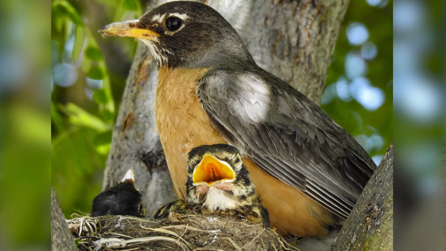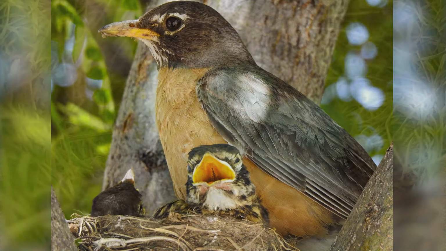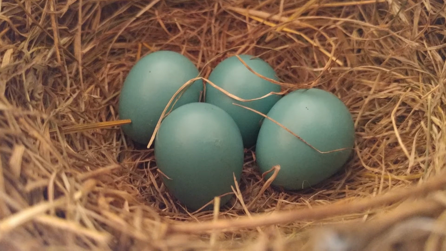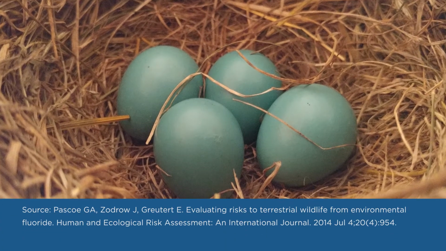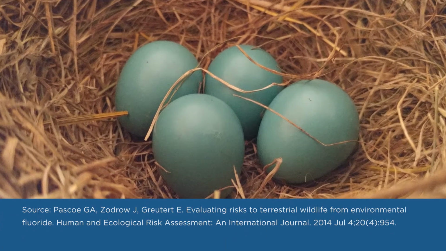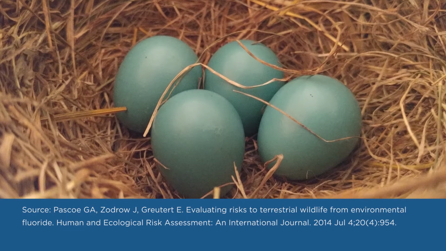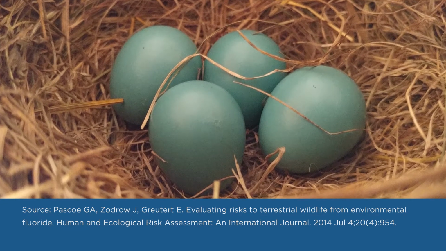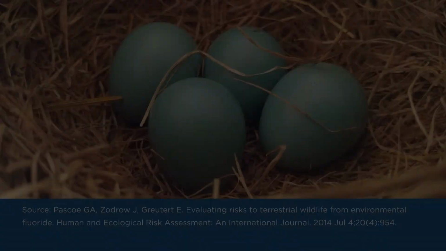Toxic exposures in birds have been associated with changes in egg quality and shell thickness and lower reproductive success. The source is G.A. Pascoe et al., Evaluating Risk to Terrestrial Wildlife from Environmental Fluoride, Human and Ecological Risk Assessment, International Journal, 2014, July.